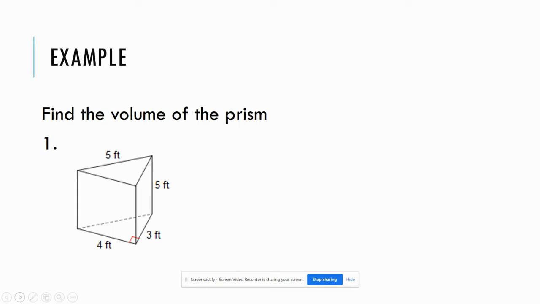All right, so let's look at this first example where I want us to find the volume of this prism. Hopefully we're okay with noticing that we are dealing with a base of a triangle. And the nice thing about this picture, notice that I already have a right angle. So once again, area of the base times the height is how we find that volume. First thing I'm going to do is figure out what B is.